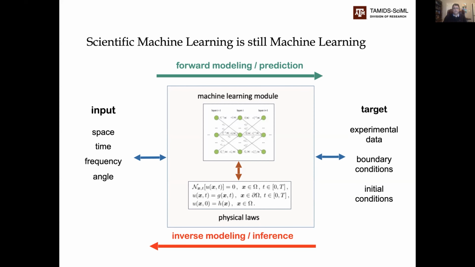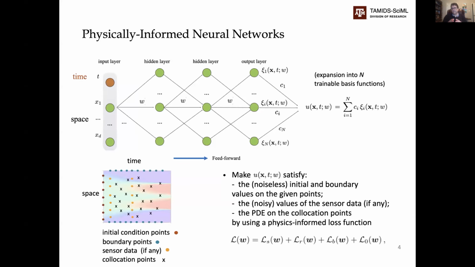And the principle for neural networks, at least, is that neural networks are not the only class of algorithms that are used in scientific machine learning. You can also use other algorithms like kernel methods, Gaussian processes, for instance. But the most popular method now used in scientific machine learning is the physics-informed neural network.